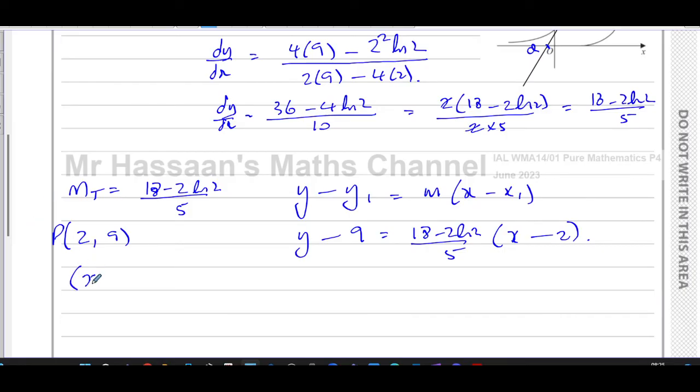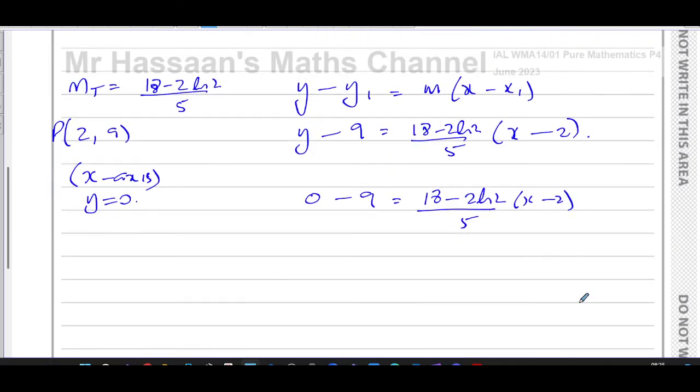Something passes the x-axis when y equals 0. So we replace y with 0 and solve for x. We have 18 minus 2 ln 2 over 5 times x minus 2.